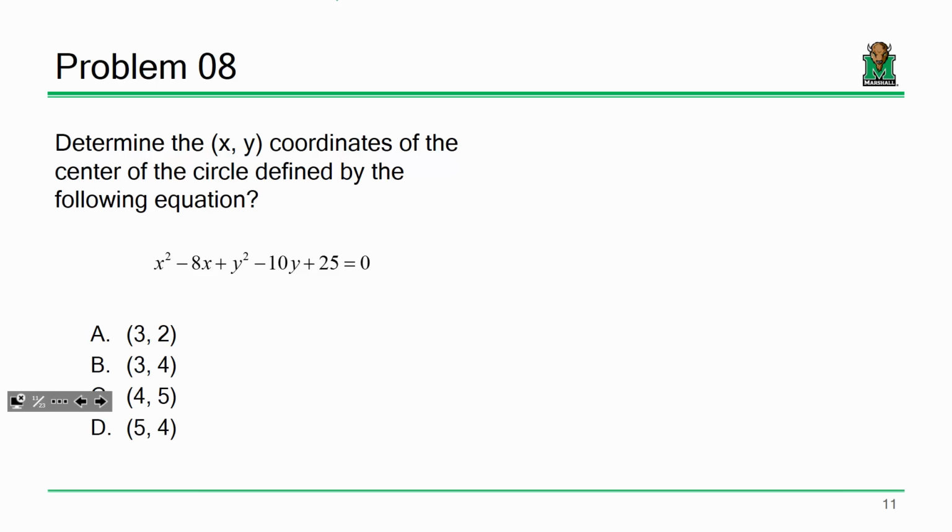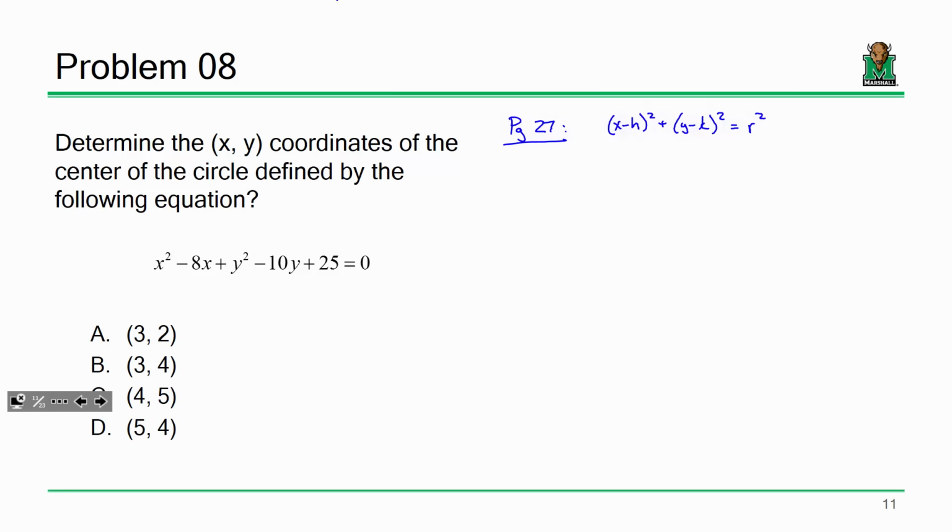There are properties of a sphere and this, that, and the other. But if you go to page 27, the standard form of a circle is this.